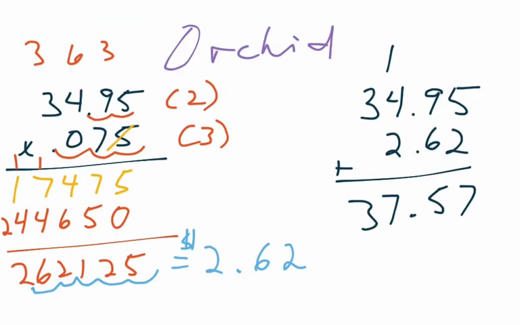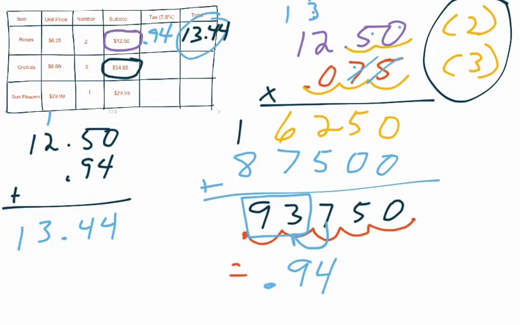Okay, so orchids should look kind of like this. We'll start over here to the left. I worked it out a little bit beforehand: $34.95 times 0.075. Do all this multiplication. It was a little messy, but I ended up getting $2.62. It was this long decimal down here at the bottom, but I rounded it off, and $2.62 is essentially the tax on the orchids.